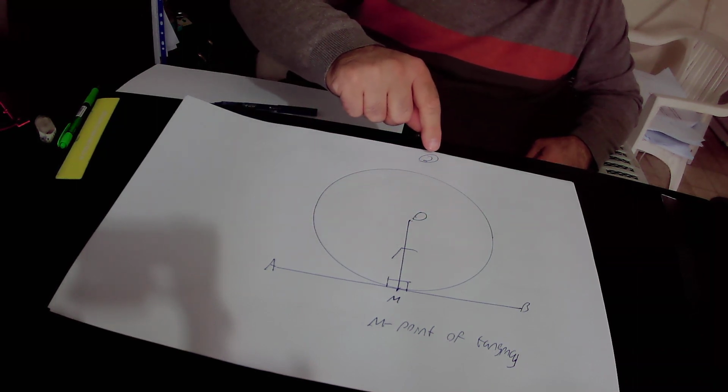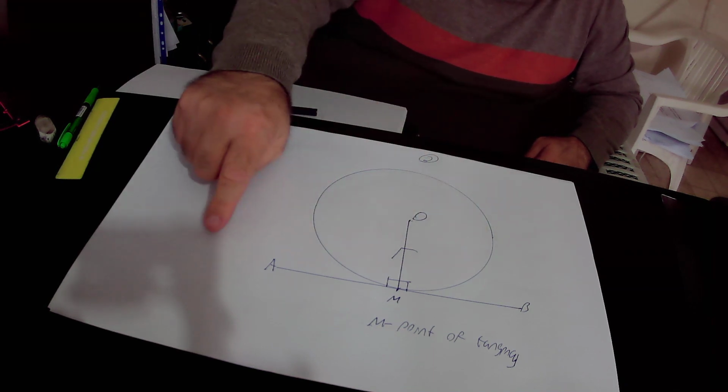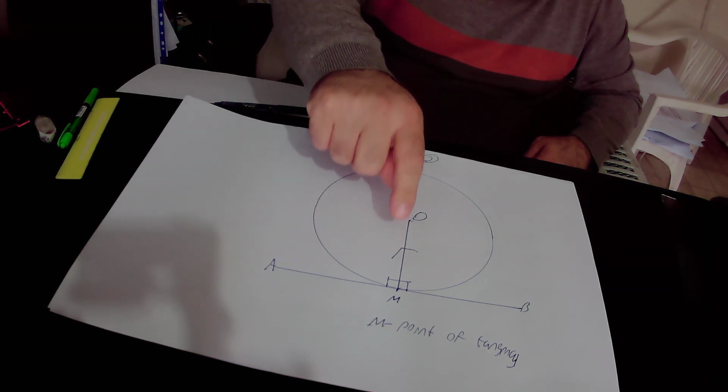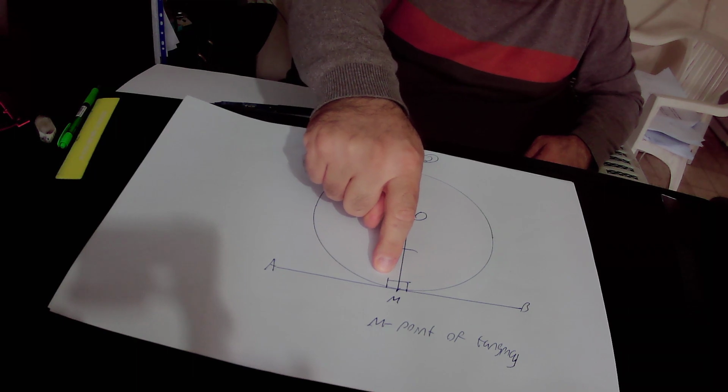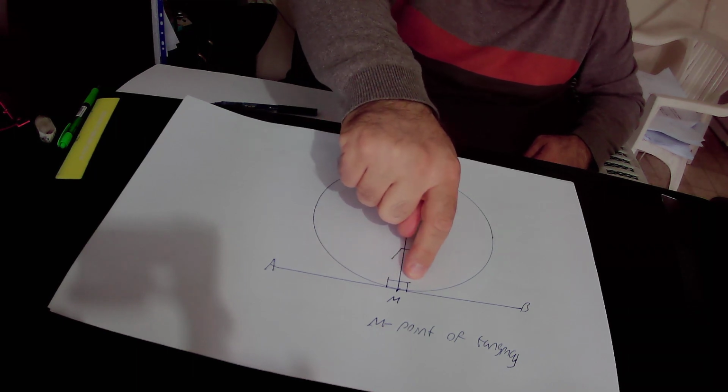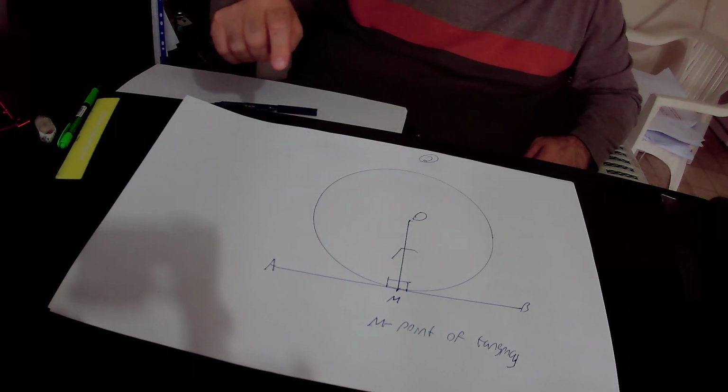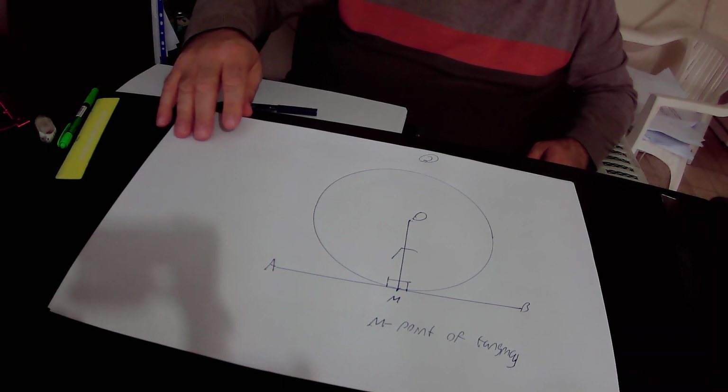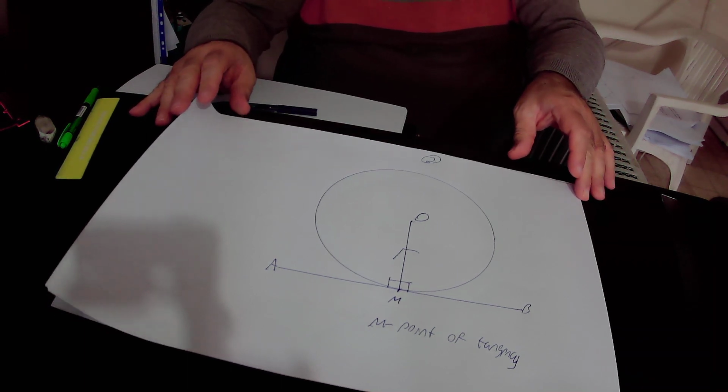Therefore, according to rule number 1, the tangent AB will be perpendicular to this radius, that is to say this angle will be equal to 90 degrees and this angle will also be equal to 90 degrees.